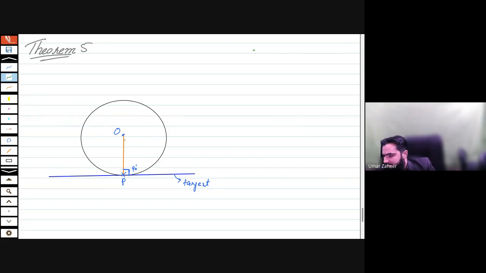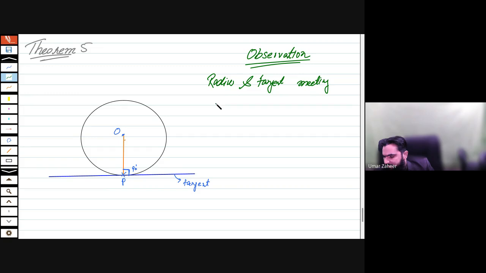We have the observation. The observation is the radius and tangent are meeting at the same point.